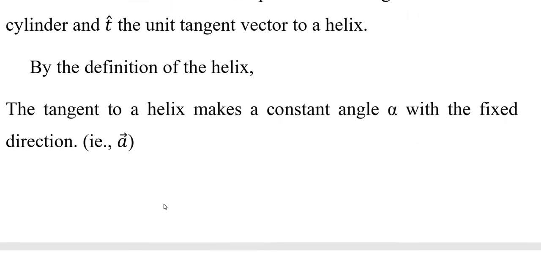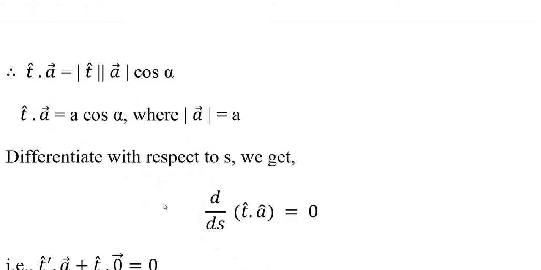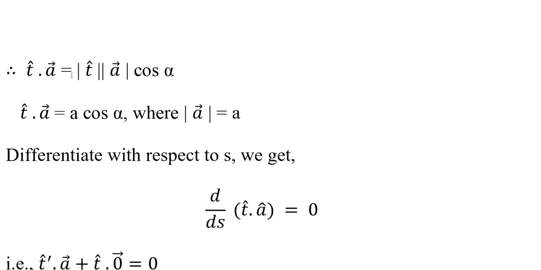So we can write T cap dot A vector equal to mod T cap mod A vector cos alpha. T cap is a unit vector, so we may write T cap dot A vector equal to A cos alpha, because mod T cap is 1 and mod A vector is A.